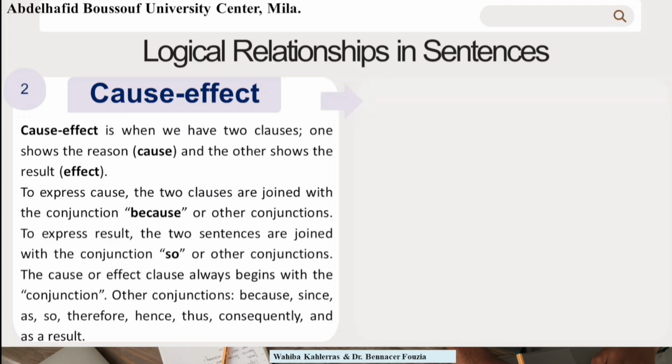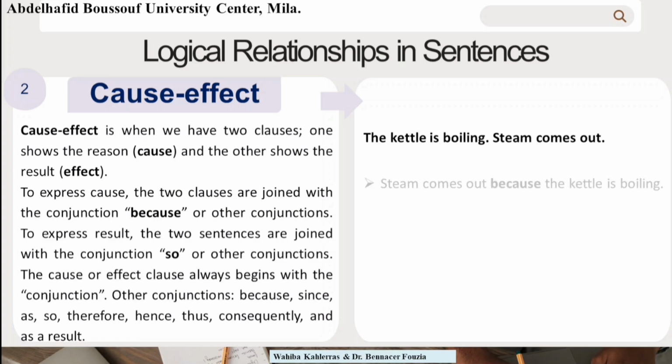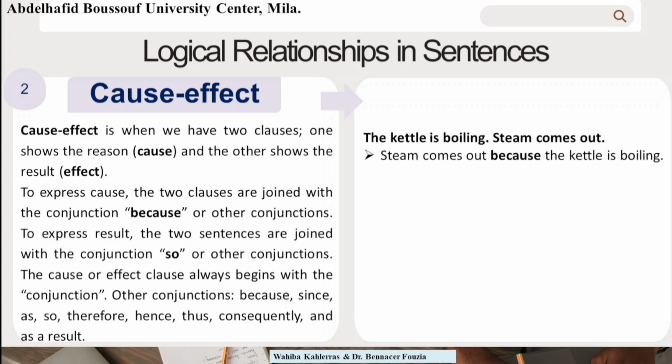Let's have a few examples. The kettle is boiling, steam comes out. Steam comes out because the kettle is boiling. Where is the cause and where is the result? So we understand that this is a cause sentence because we used because.